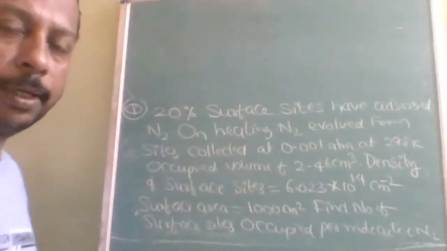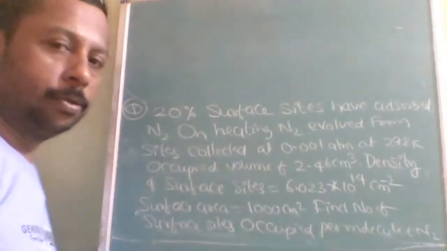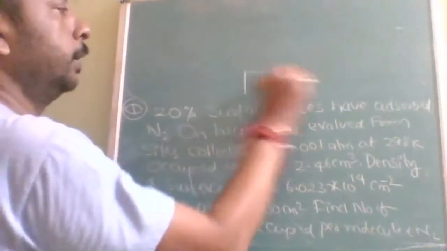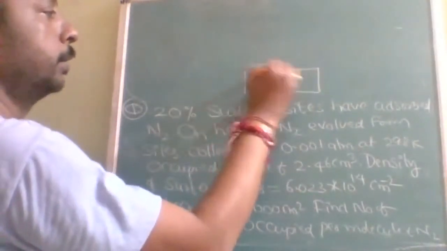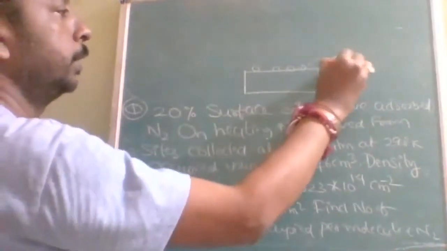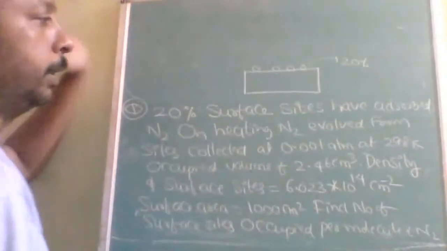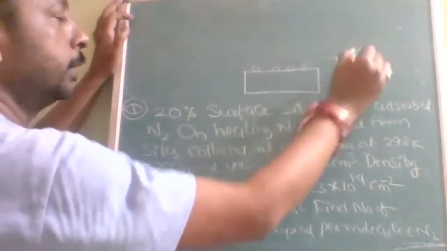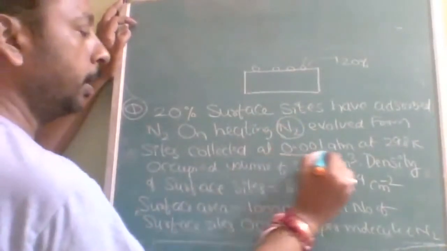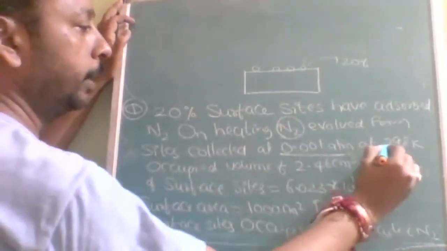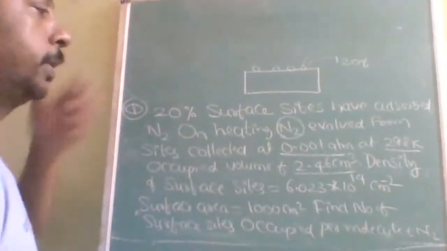Okay, next question. 20% surface sites have adsorbed N2, on heating. See, this is a surface of some adsorbent, and on this nitrogen is adsorbed. How much is it? 20% sites only occupied. Remaining places are empty. And on heating this is coming out, that emitted nitrogen at pressure of 0.001 atm, temperature of 290, volume of 2.46 occupied.